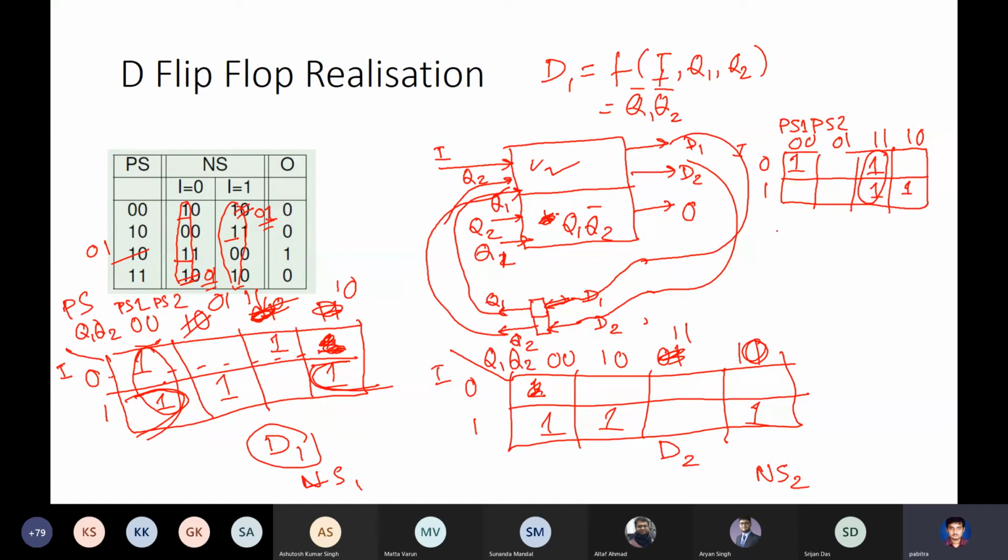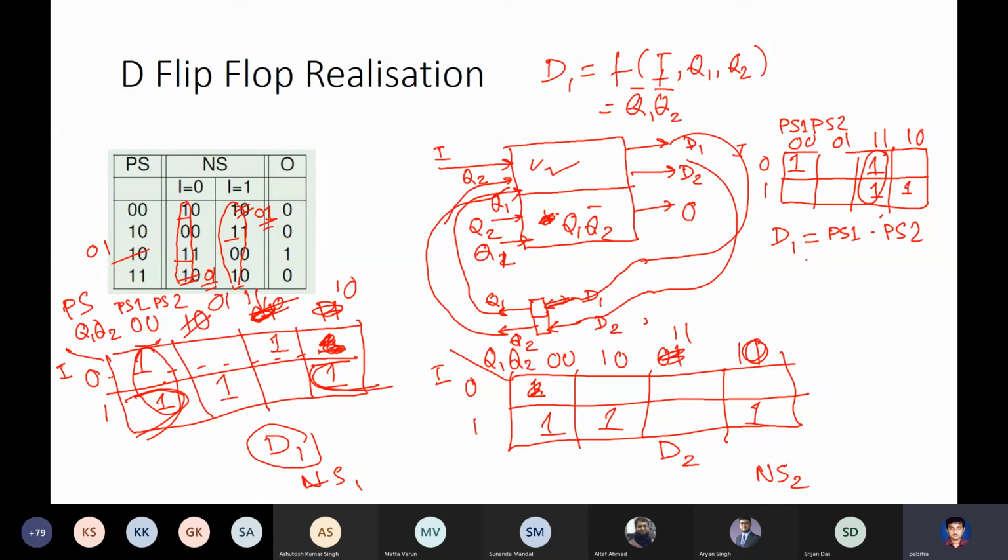So you can write your D1 as, what can you write? Present state 1, present state 2 for this.